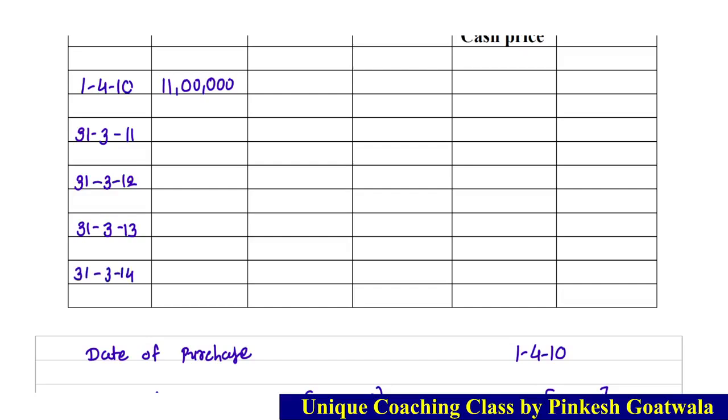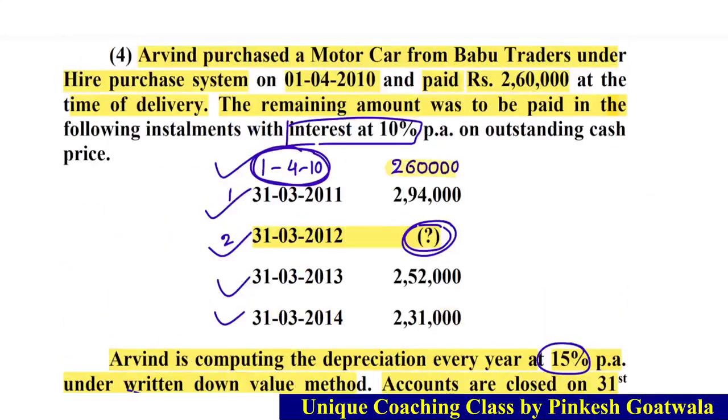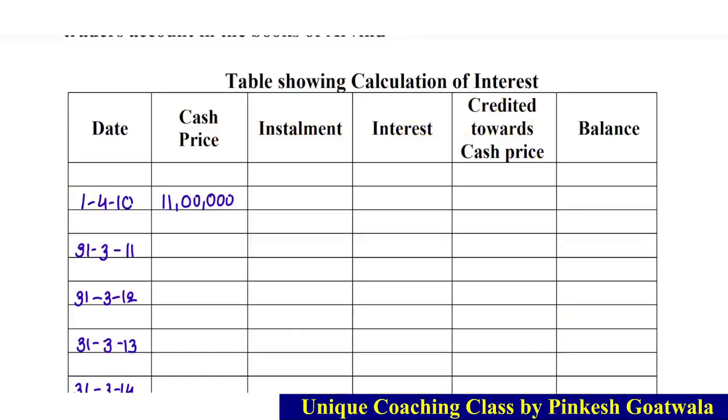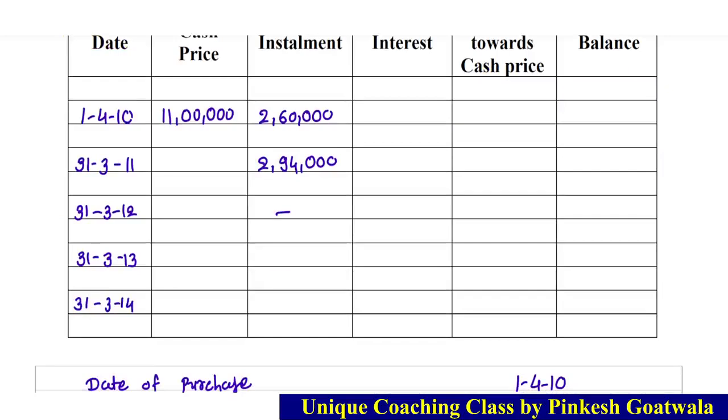Down payment given 260, sorry, not 140. Down payment 260 and the first installment 294, and this was not given, and later on the last two installments 252 and 231.